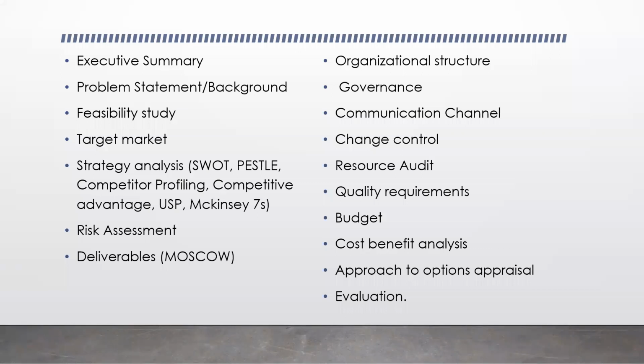You might want to look at governance within the organization, communication. Whenever there are changes, how are your changes controlled? Do you perform an audit on the resources that you have, whether you have the right resources to do what you want to do? Are there any quality requirements that the project would need to abide by?